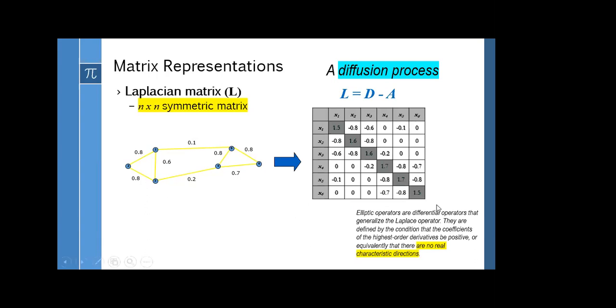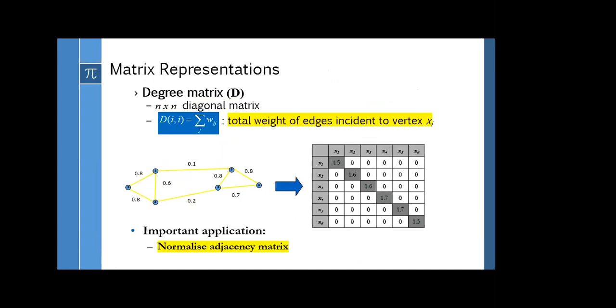So people use diffusion processes, and for a diffusion process they construct the Laplace operator. The first step of constructing the Laplace operator is to construct a degree matrix D. So I had initially my matrix A of weights.